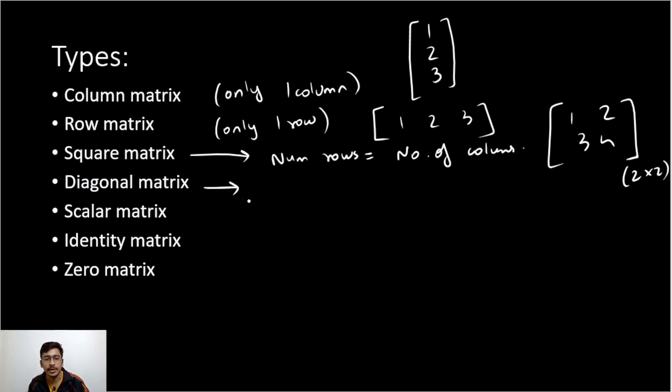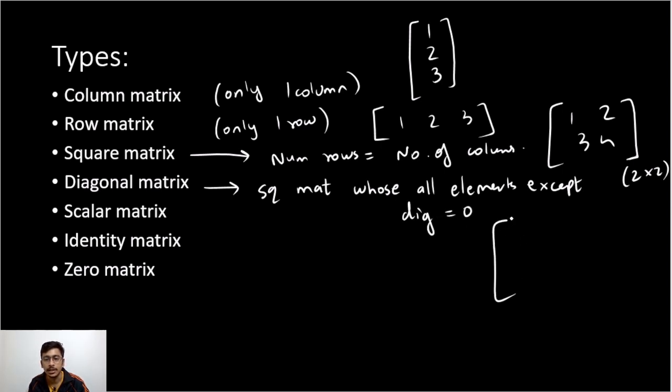What is a diagonal matrix? A diagonal matrix is a square matrix whose diagonal elements are not 0, but all other elements except the diagonal elements are 0.